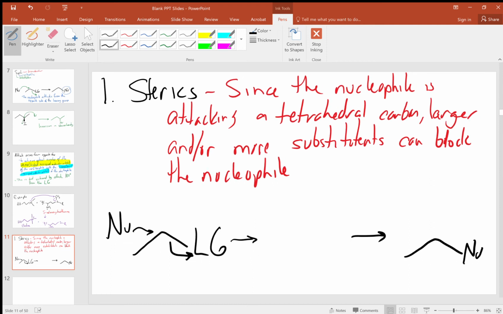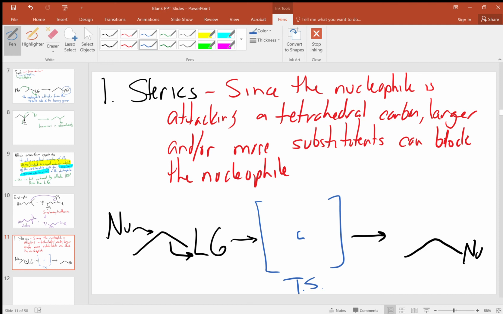And as a result, as we've seen a few times already, the nucleophile replaces the leaving group. But I want to stop for a moment and look at the transition state. We don't have any intermediates in an SN2 reaction. The entire reaction takes place in one step. But what does the transition state look like?